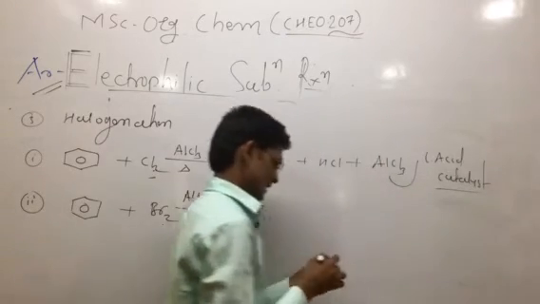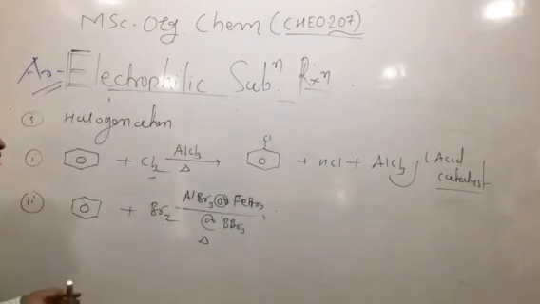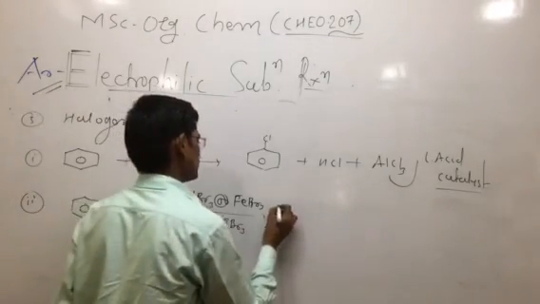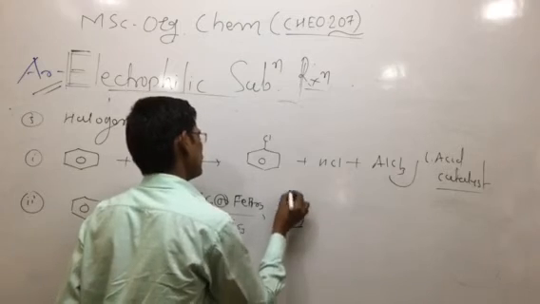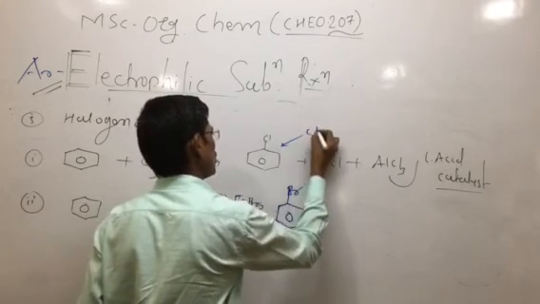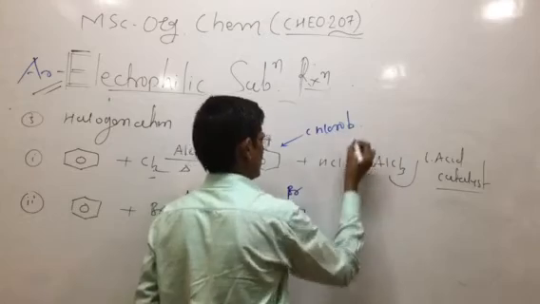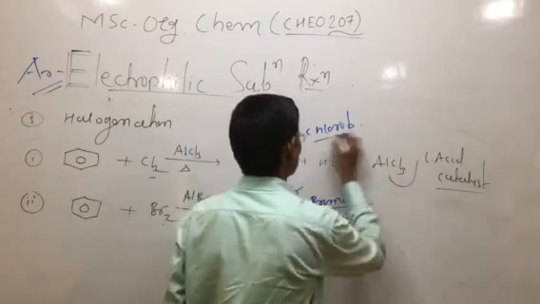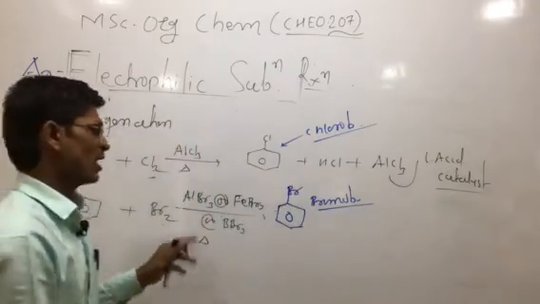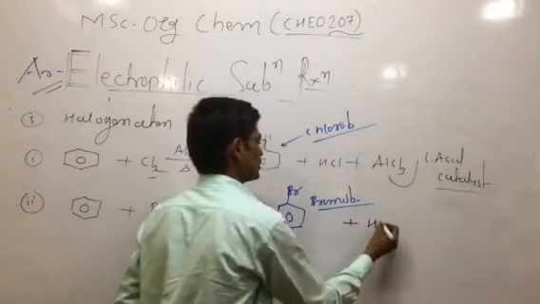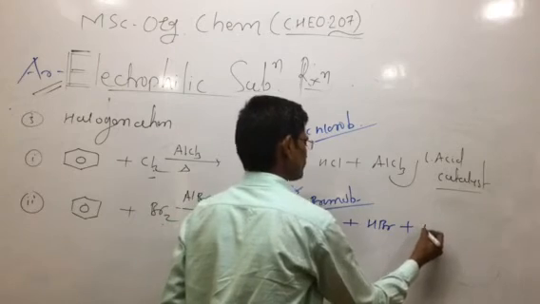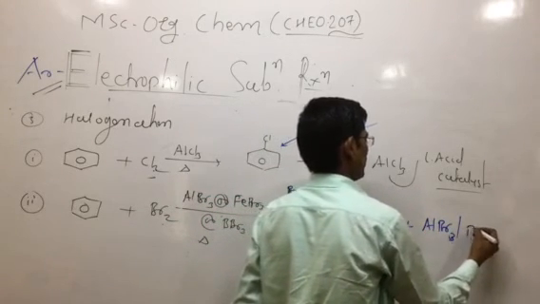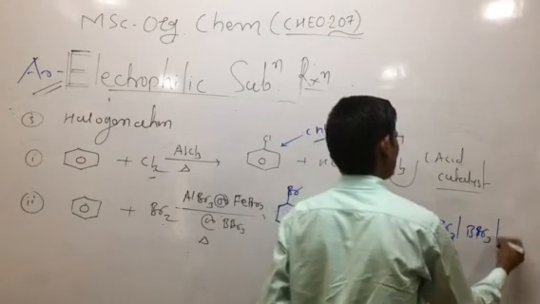As we know, a catalyst increases or decreases, in other words alters, the rate of reaction. Here formation of chlorobenzene and bromobenzene occurs, with side products hydrogen bromide plus AlBr3 or BBr3 or FeBr3.